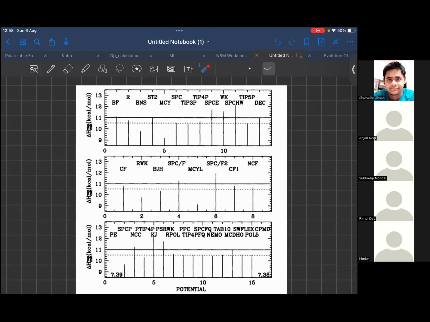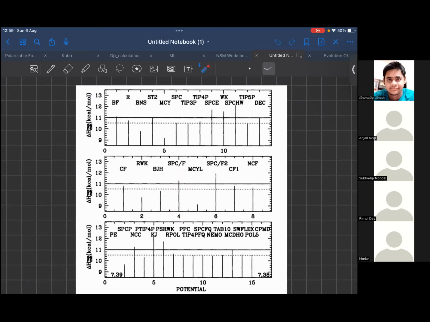In that context also, a few water models give good values, like SPC, so these water models give reasonably good results. Heat of vaporization is a very important concept.